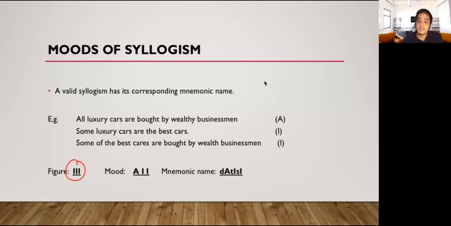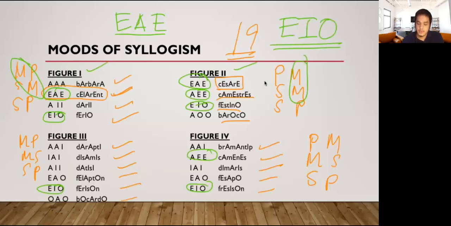And from that identification, you can go back again to the moods of syllogism and identify its types.